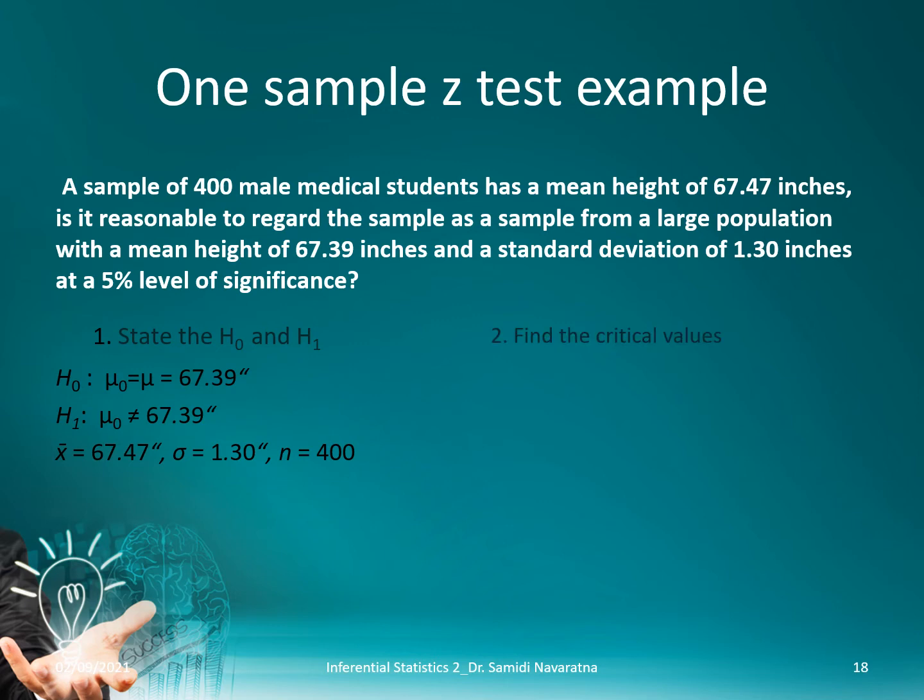The next step is to find the critical values. It would be easy if we have a diagram of the null hypothesis distribution. So here we are. This is the standard normal distribution for the null hypothesis under consideration.